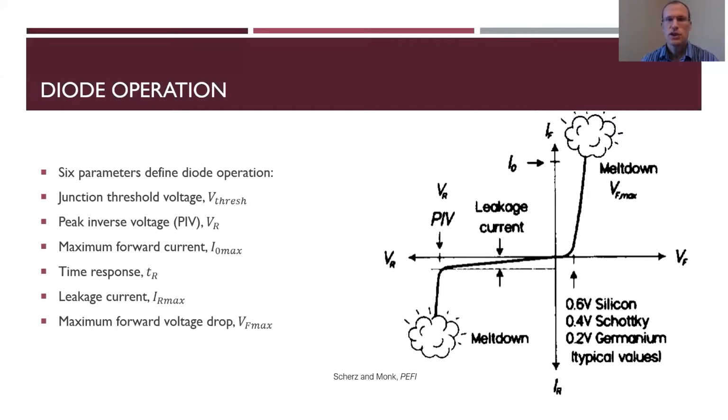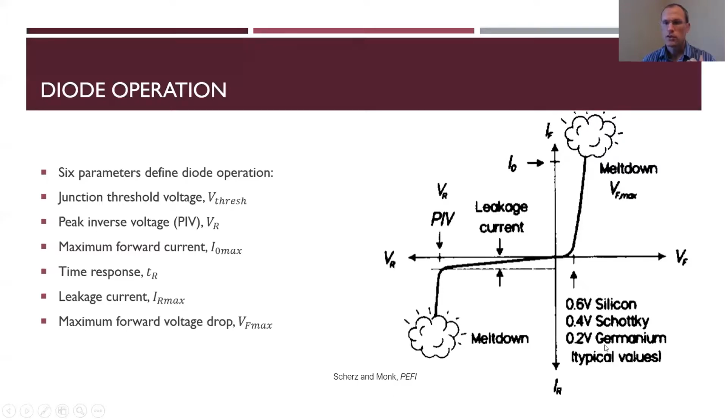So there are 6 things you need to look at in terms of diodes. There's a junction threshold voltage. It takes a certain amount of voltage for the diode to actually start letting current through, and that's called your junction threshold voltage, also called other things that we'll see later.